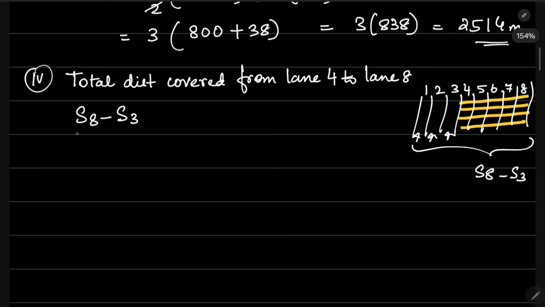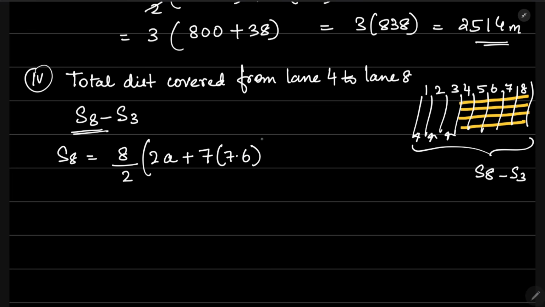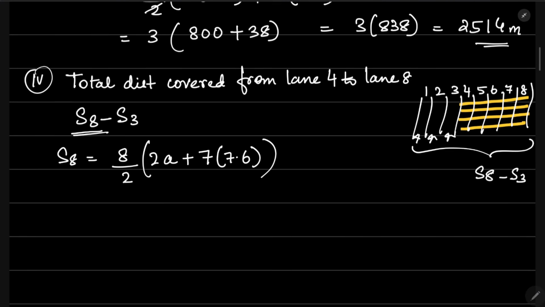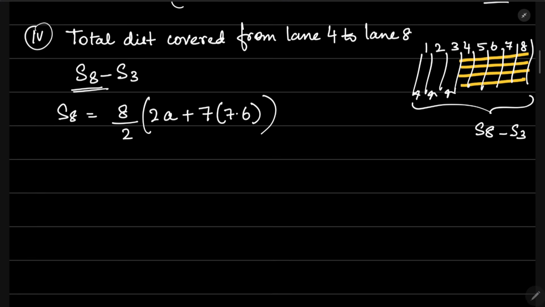S8 is nothing but 8 by 2 into 2a plus n minus 1 into d, which is 7 into 76. Correct? What is your a? A is 400.